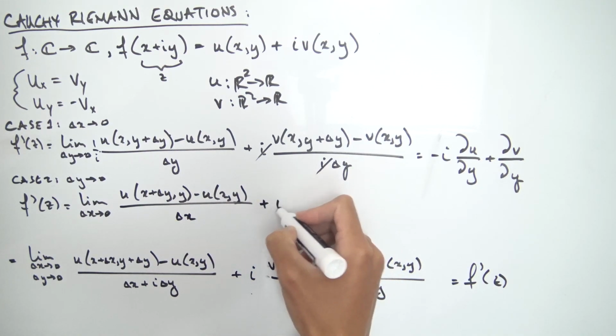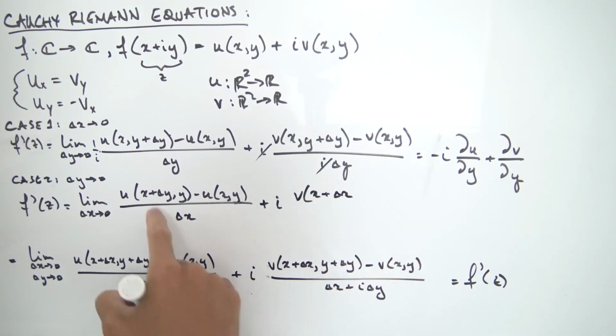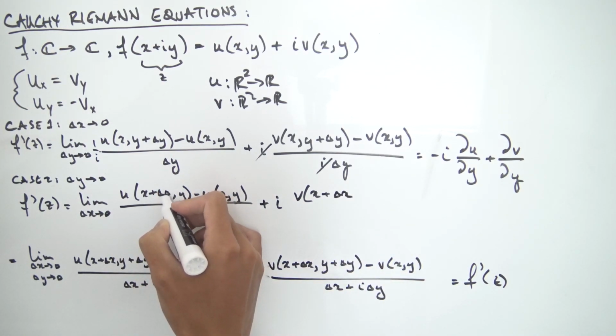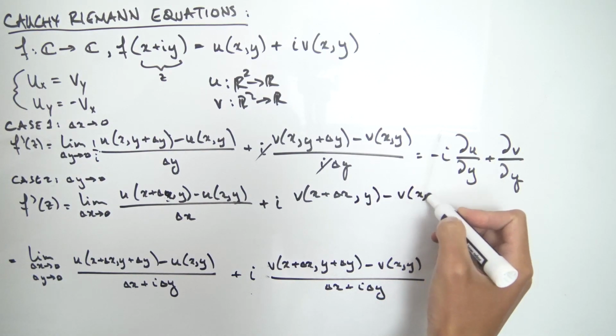And over here we have i times v of x plus delta x, this should be a delta x actually, comma y minus v of x comma y.